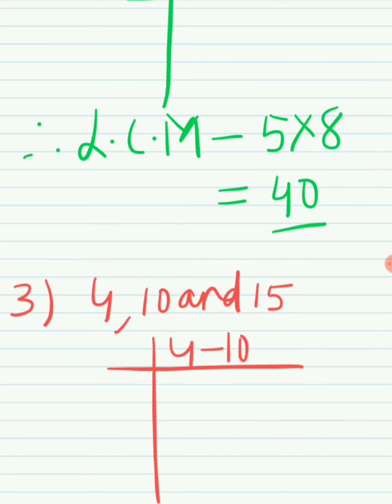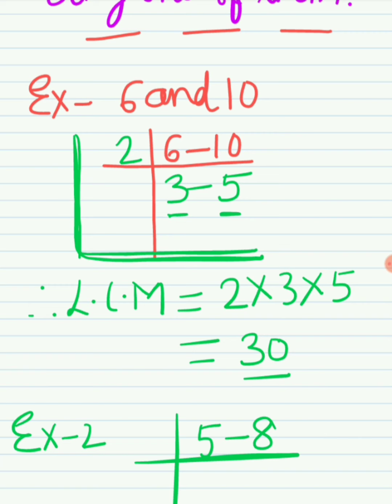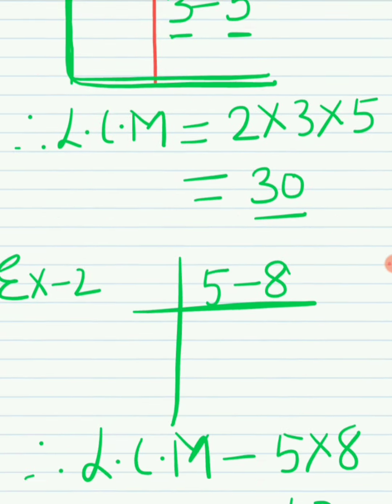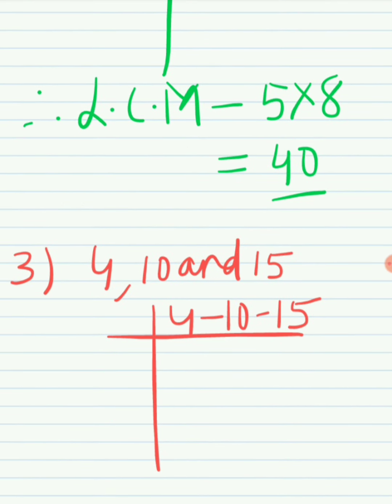When two numbers are there, if both numbers are divisible by the same number, then you have to proceed. Otherwise you have to stop here. Both numbers are not coming in the same table, so directly we do the multiplication and write the LCM. Now here we have taken 3 numbers.